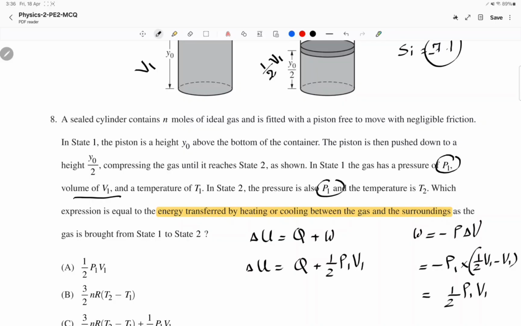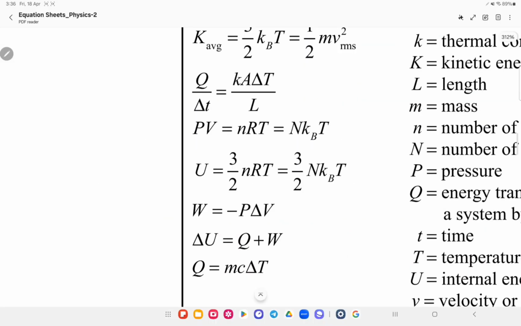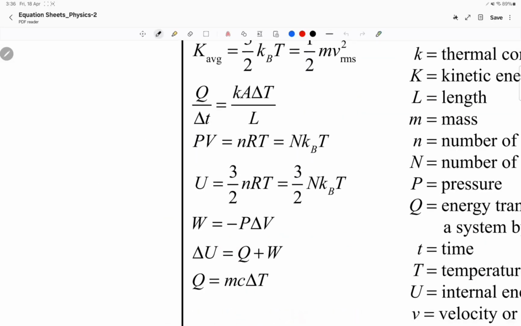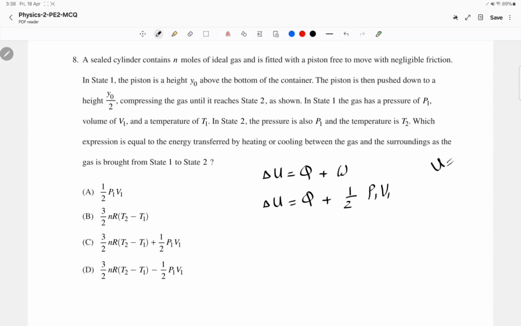Now what's left is for us to actually find the delta U. We have to go back to our equation sheet and bring up the equation. So I must be dealing with this equation right here. If you look at the choices, we don't have the second part, just the first part. So U is equal to 3 over 2 nRT. Right now we're dealing with delta U, right?